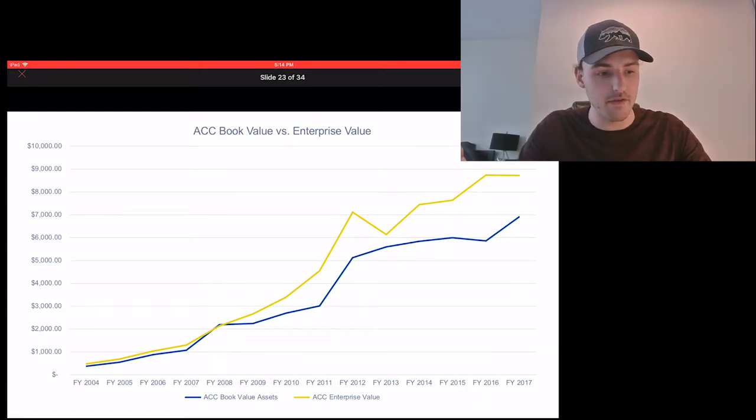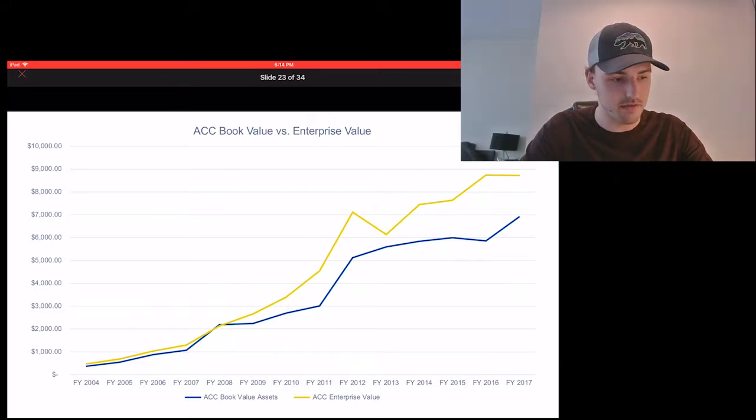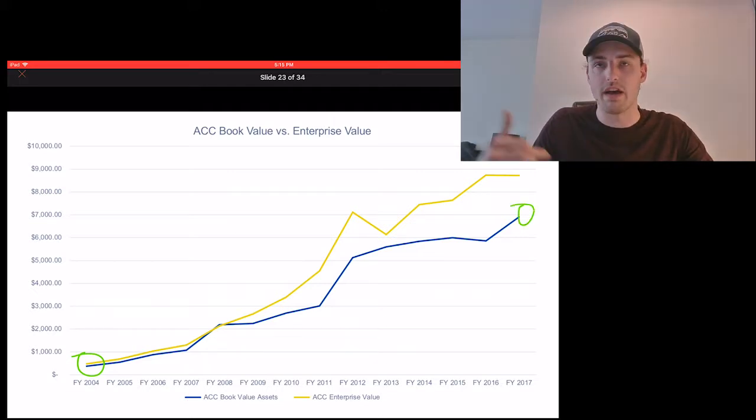So you could not conclude here that in 2004, ACC had $500 million of assets and it grew to $7 billion in assets. That's not a right conclusion, because we have new properties being acquired and capital raises going on.